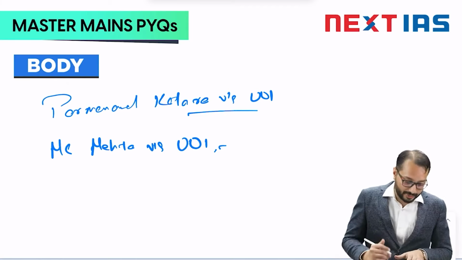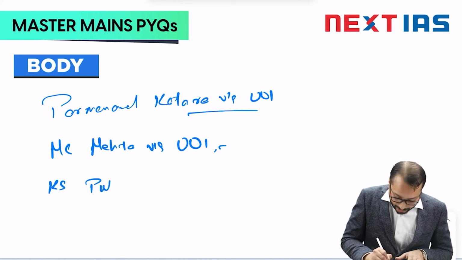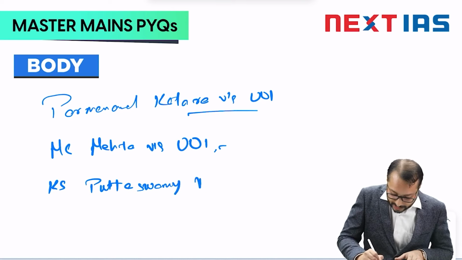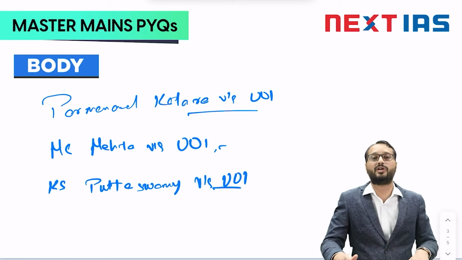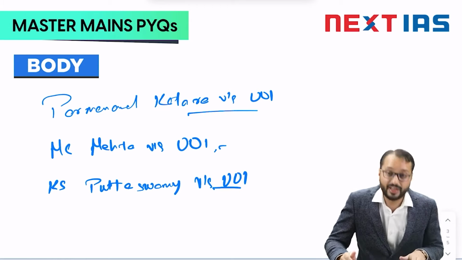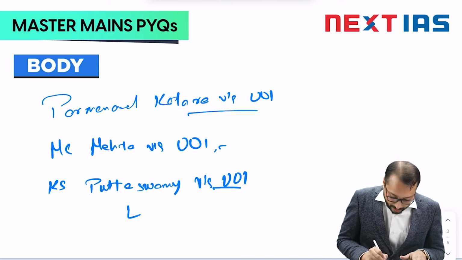The next important judgment that we need to discuss is K.S. Puttaswamy versus Union of India. It is a landmark judgment where the judiciary provided for the right to privacy.